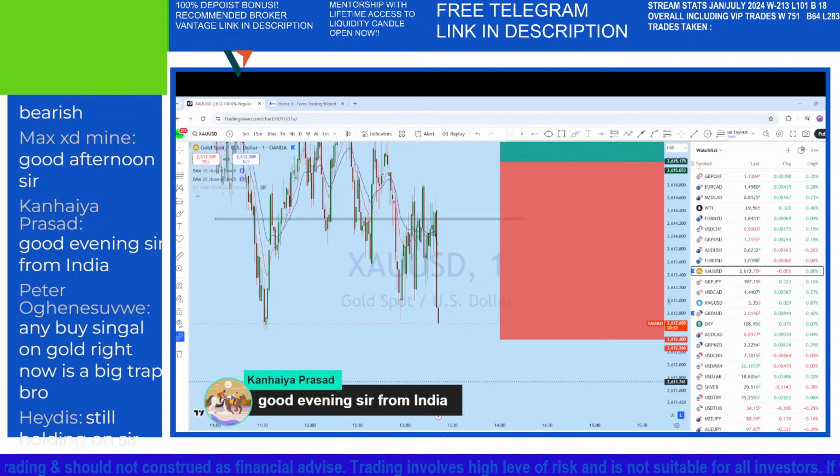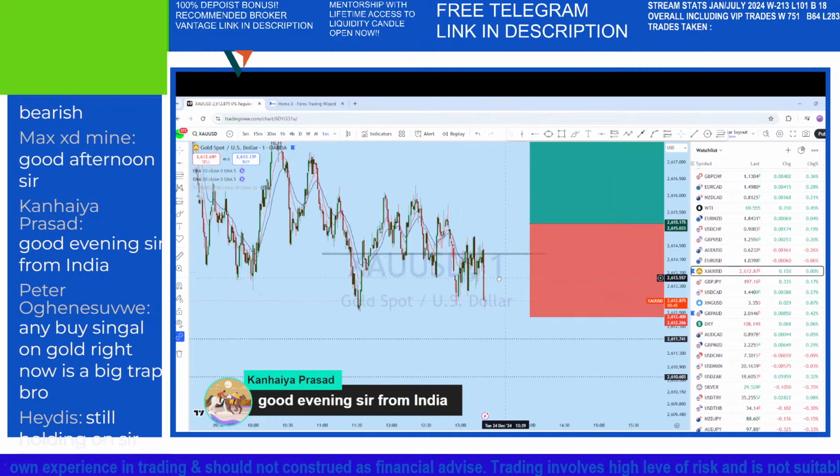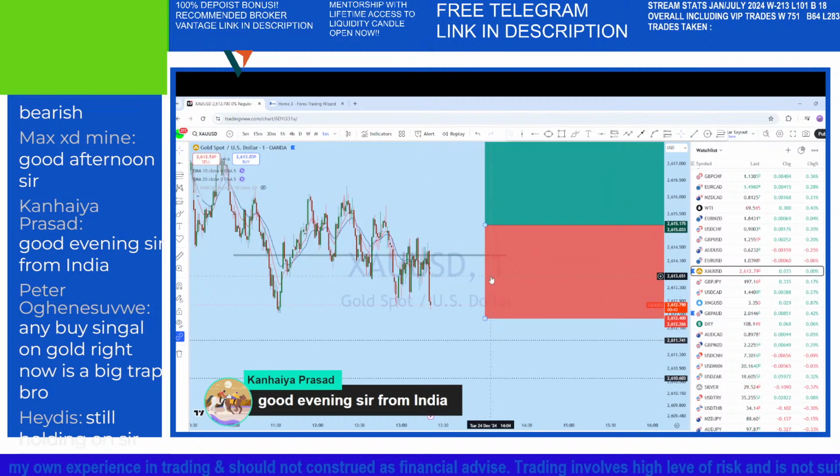Might just come back here. So it might not hold it. Let's see. It's on the support level.